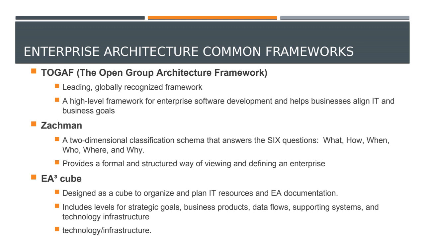That's another framework. This is a two-dimensional classification. We have also EA to the power 3, or cube, designed as a cube to organize and plan IT resources and enterprise architecture documentation. Okay, and it covers technology and infrastructure. So the first one is TOGAF.